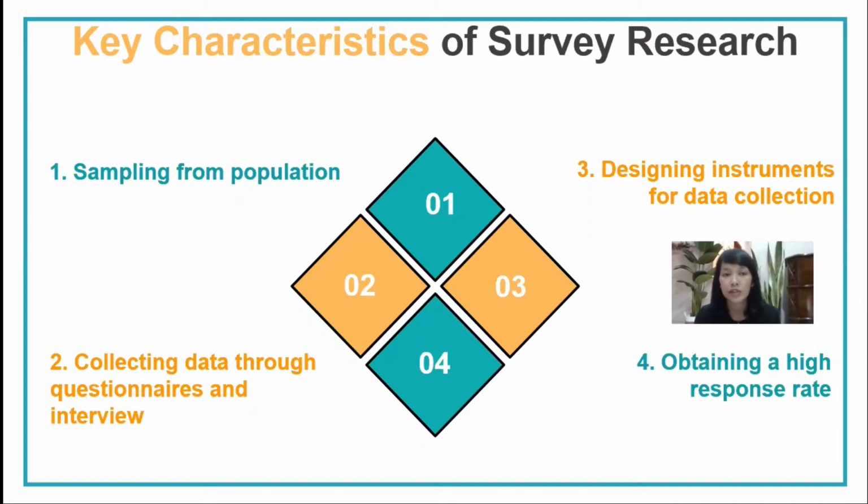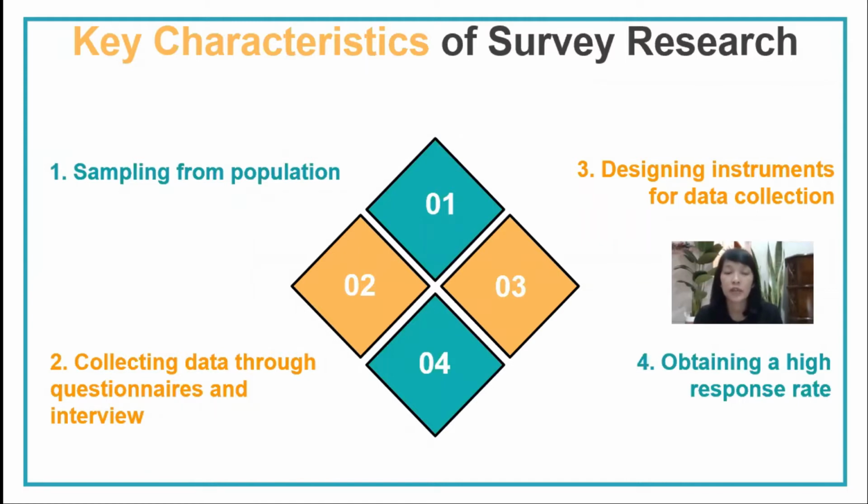So it is actually important for a researcher to underline some of these characteristics before he or she conducts survey research. Relating to the sampling from population, meaning that as a researcher, we need to consider the sample as the representative of the population.